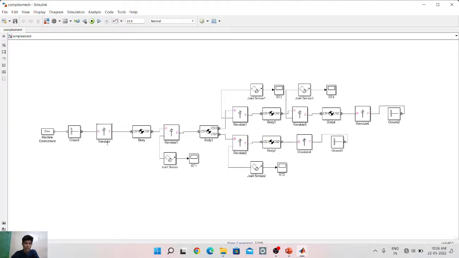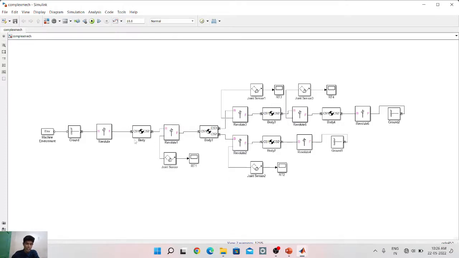Revolute pairs are provided in between ground and body. The joint sensors are introduced wherever we have to measure velocity and acceleration of the linkages. In order to take output from the joint sensor, we have to introduce this scope option, which shows the results of our velocity and acceleration.